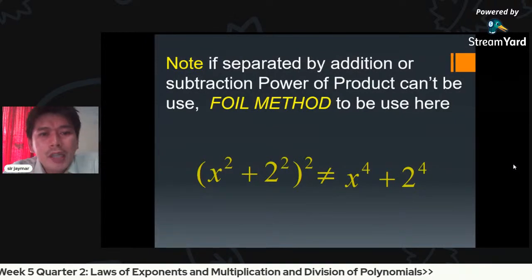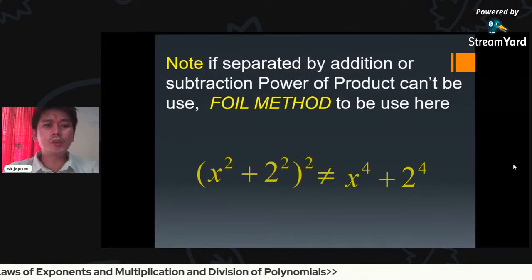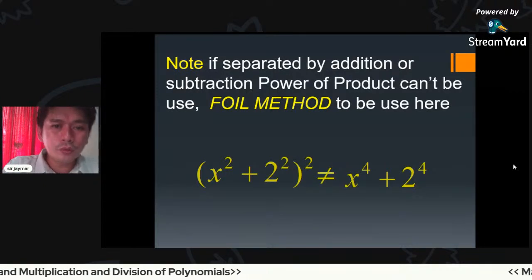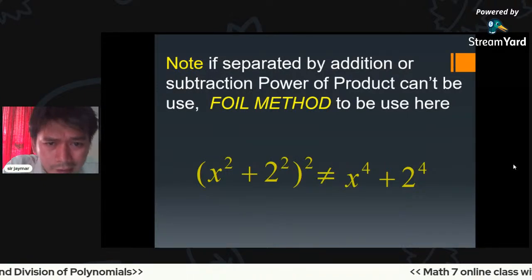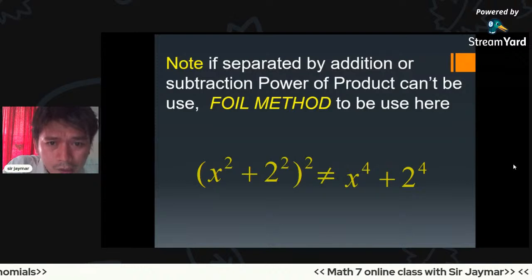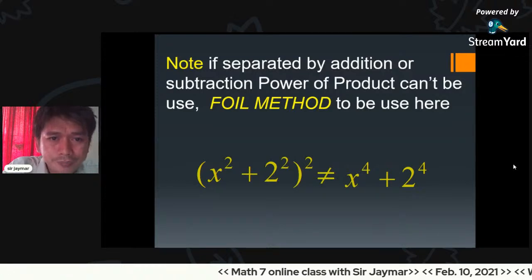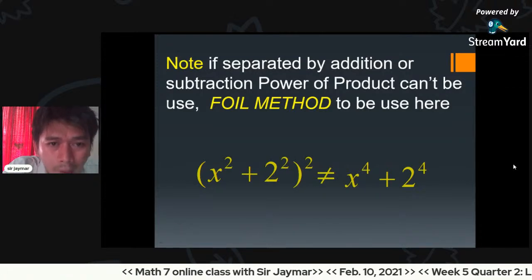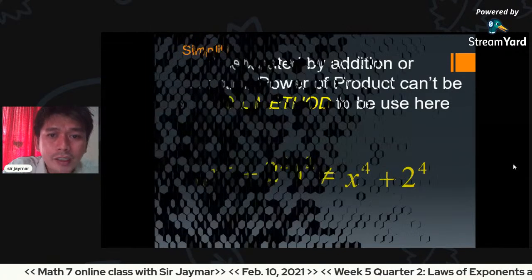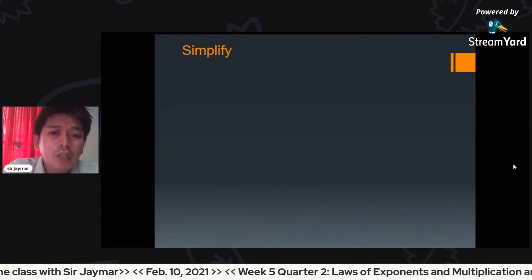For example, (x squared plus 2) raised to 2 is not equal to x to the 4 plus 2 raised to 4. The square of x squared plus 2 squared is not equal to x to the 4 plus 2 raised to 4.